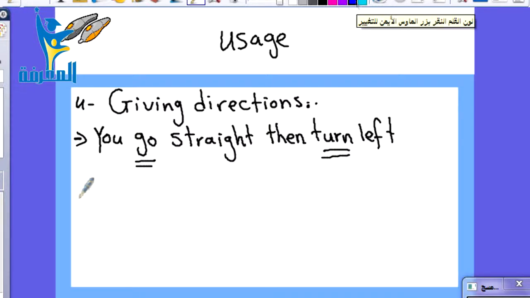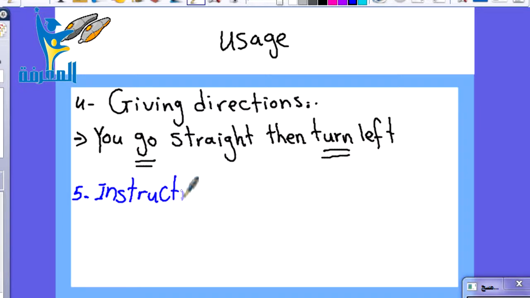Another point, the fifth one, if you are telling or saying the instruction. If someone bought a new machine and he wants to know how to operate this machine, of course he will open the box and get the pamphlet and read it. What shall he say about the words in the book?